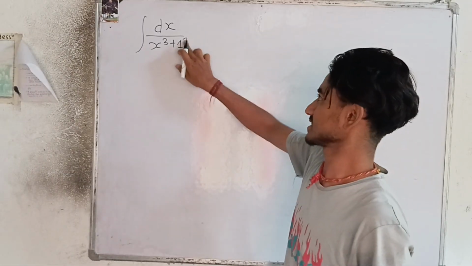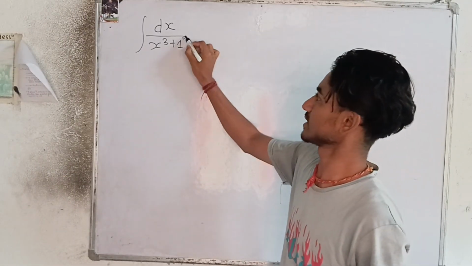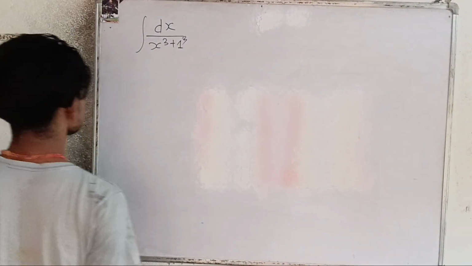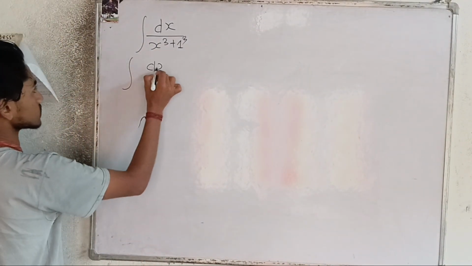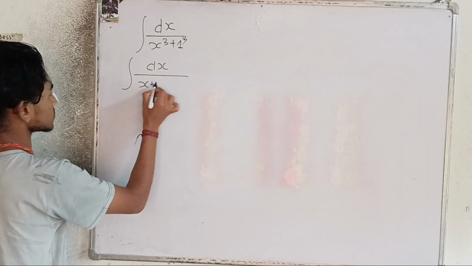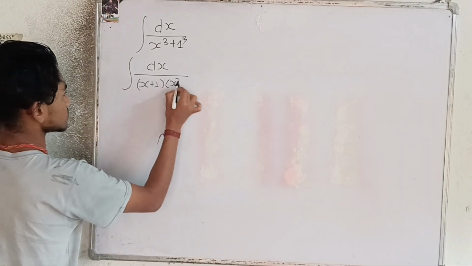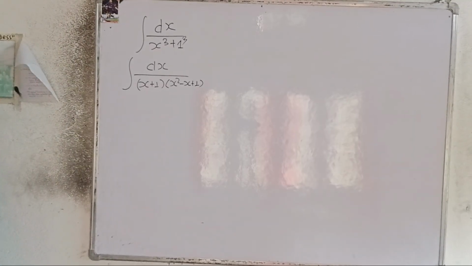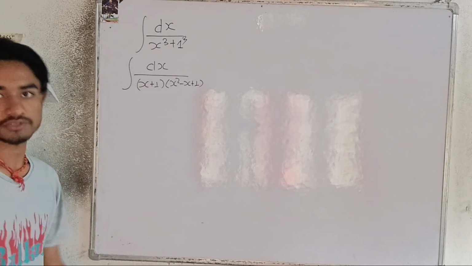So basically this is like this, but I had made this because we have to use the formula, or simply the identity. So we can write it in terms of the formula as x plus 1 times x square minus x plus 1, right? Okay. So from here we have to do the partial fraction method.